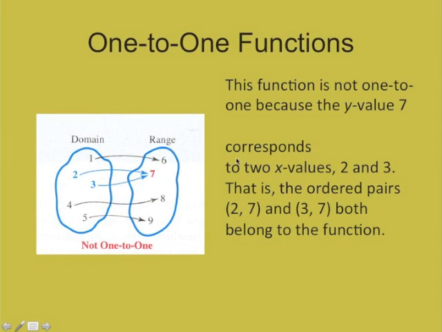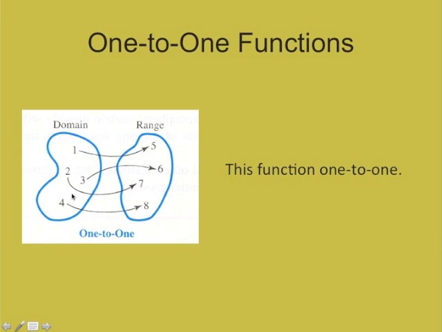This function is not one-to-one because although these two domain values only have one range value, this range value has two of the same domain values. So this is not a one-to-one function.